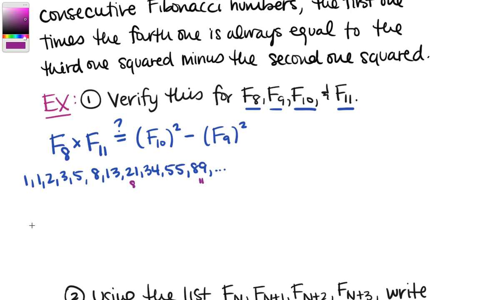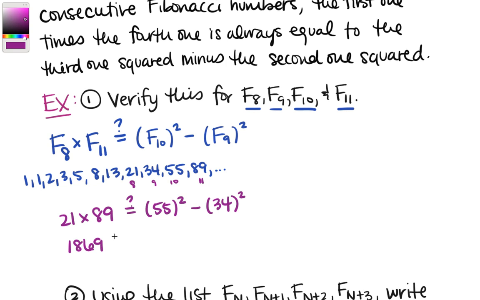All right, so we want to check that 21 times 89, is that equal to F10 squared? Well, here's the 9th one and the 10th one. F10 squared is 55, and minus F9 squared, well, that's 34 squared. We want to check that those are equal. All right, so 21 times 89 gives us 1869.